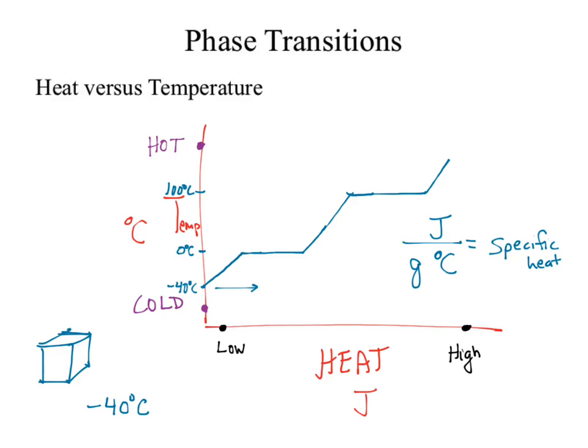Okay. But what happens when I move to a phase transition? Am I still adding heat? Yeah. I still have to get that phase to fully transition. So I'm still adding energy. But if I looked at my specific heat, what's happening to my change in temperature? It's not changing. So if the change in temperature is 0, I'd be having an energy term divided by 0.